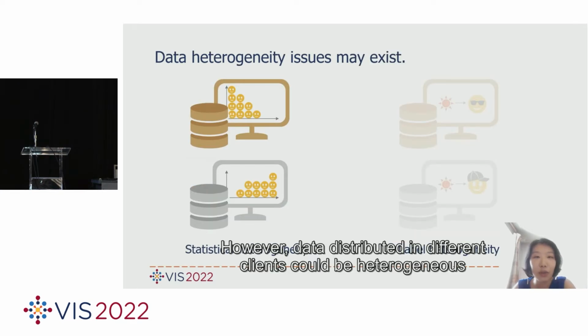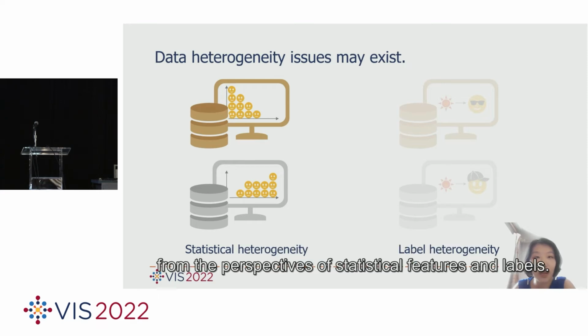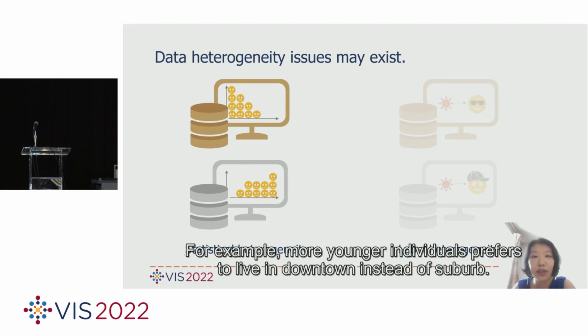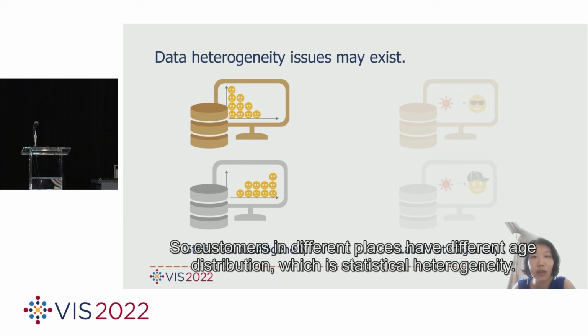However, data distributed in different clients could be heterogeneous from the perspectives of statistical features and labels. For example, more younger individuals prefer to live in downtown instead of suburb. So customers in different places have different age distribution, which is statistical heterogeneity.